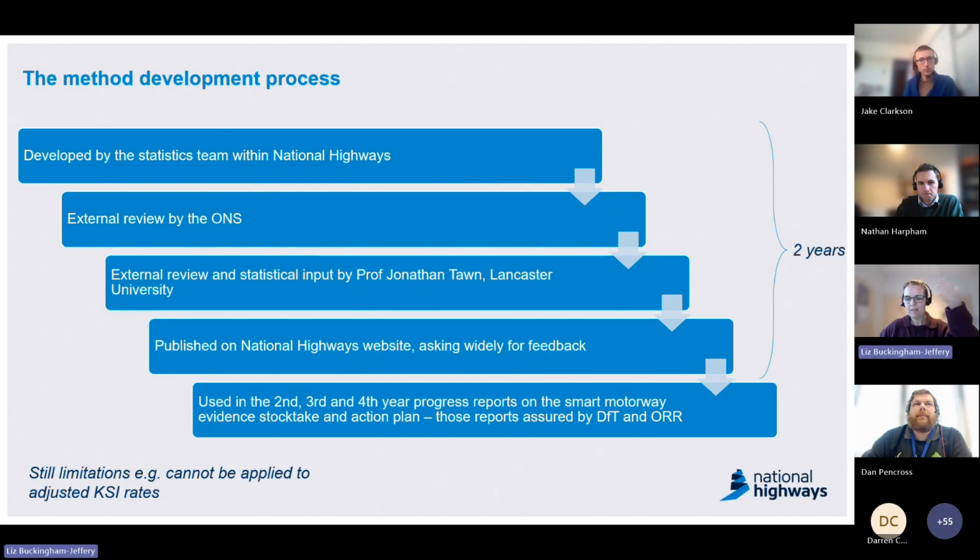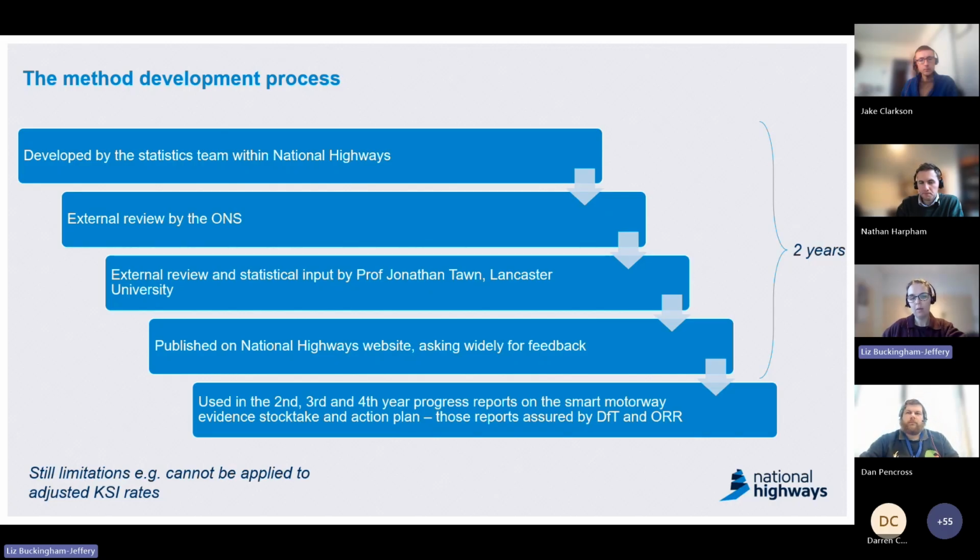When I say it like that, it all sounds simple, but the work to do this thinking took us 2 years, because it was tricky, and we were ensuring it was thoroughly reviewed and assured. So I just wanted to talk you through some of that process. We developed and thought about these methods within our team.